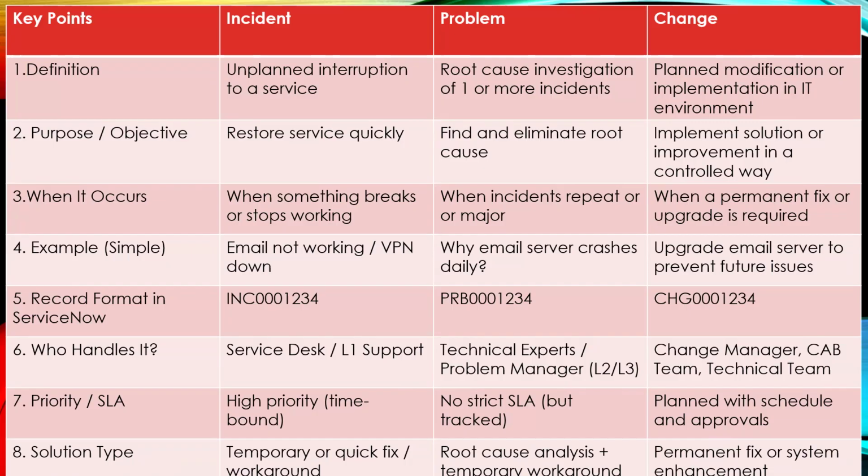Root cause means we go to the root level of the incident, find the cause, and then fix it. A change solution is permanent because the problem or incident won't repeat in the future. That's why it involves corrective action and preventive action, a permanent fix or system enhancement.